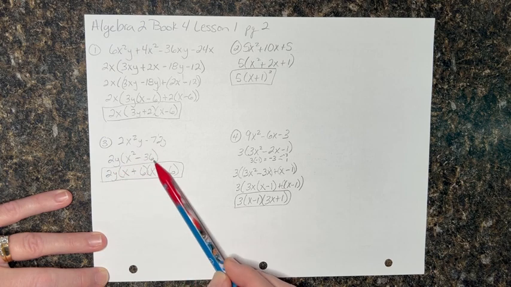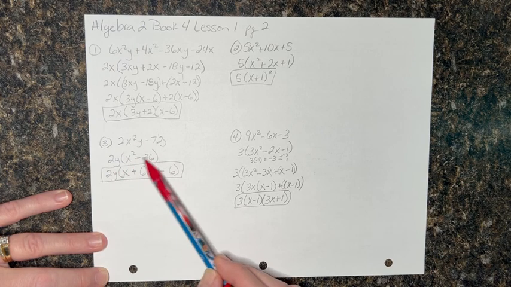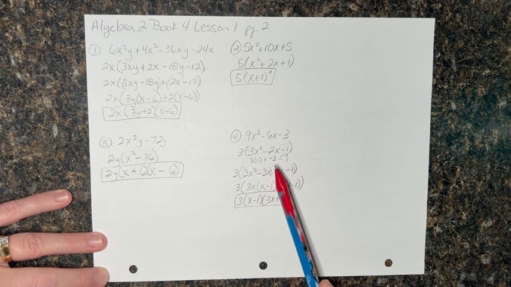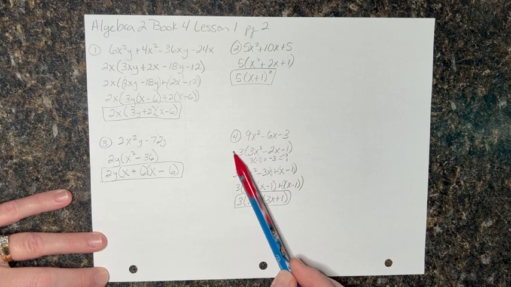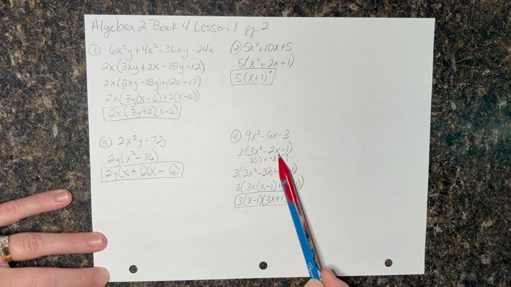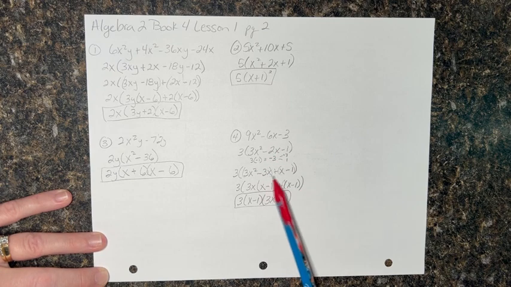But in this case, we had the product of a sum and difference binomial, so that's where we went with that one. This one, we factored out a constant, but then we had to break apart our linear term, our middle term, break apart those factors and then factor by grouping, okay?